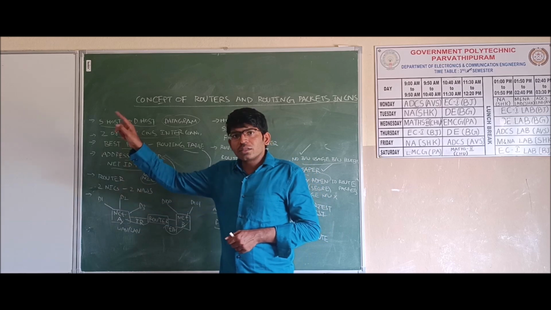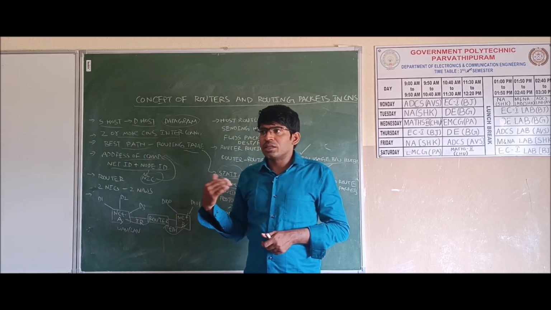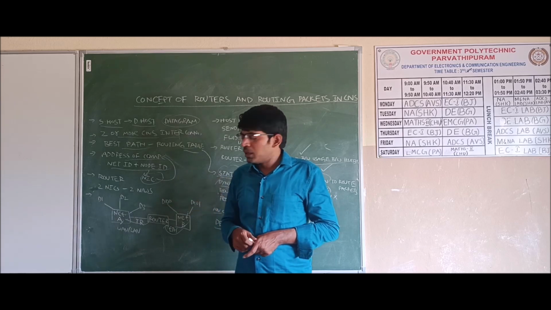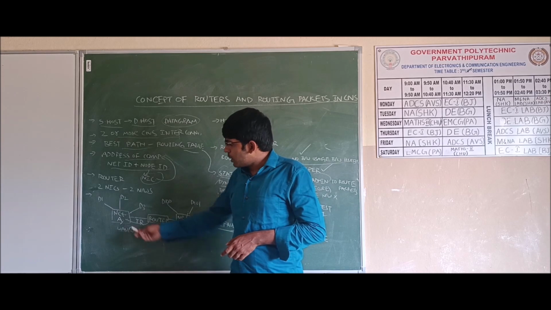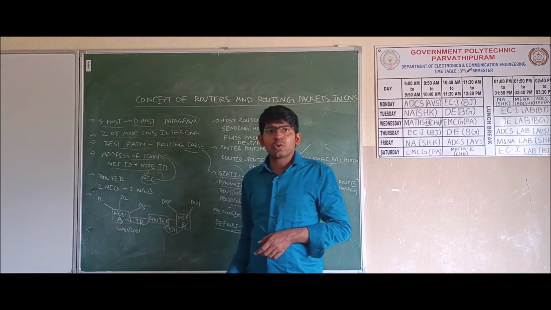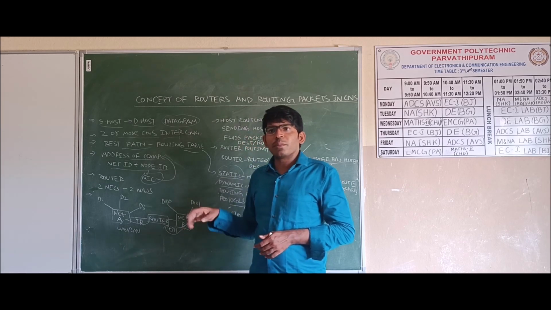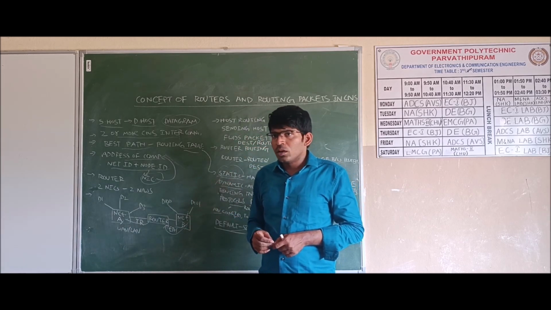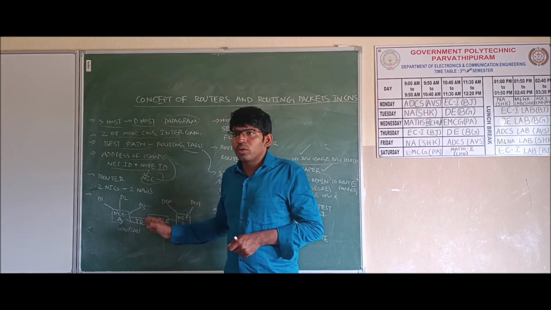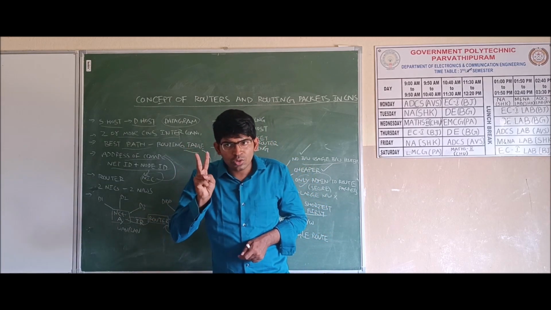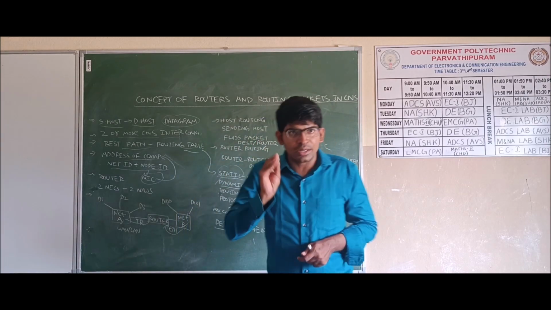And the topology of network A might be bus, ring, star, hybrid or mesh. The topology of network B may vary. Example, in network A, I may use the ring topology. In network B, I may use some other topology. So here we are connecting these two networks to the router, which means the router should definitely have two network interface cards to store the addresses.